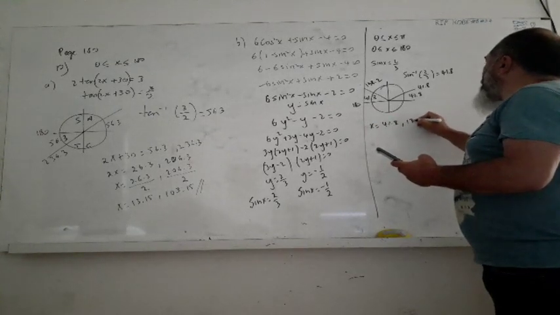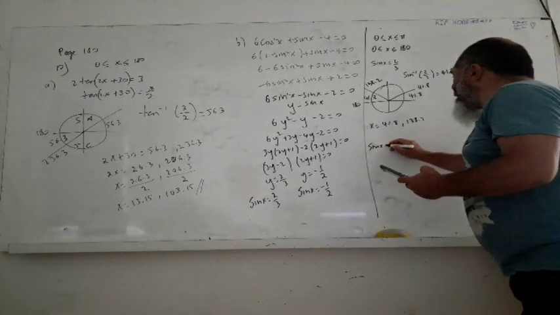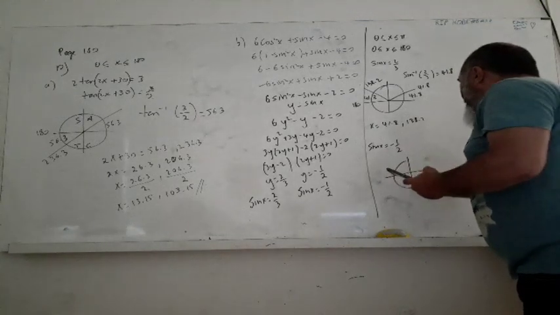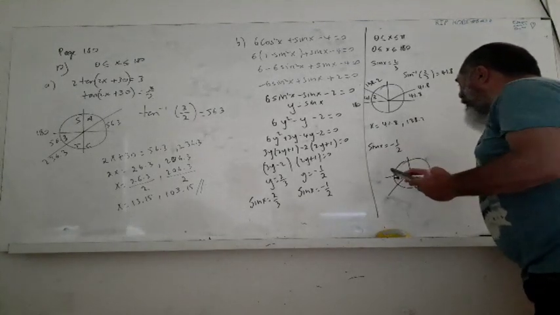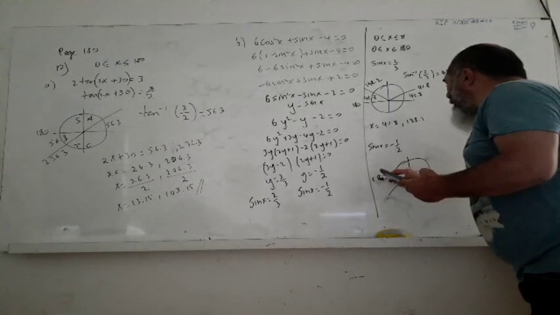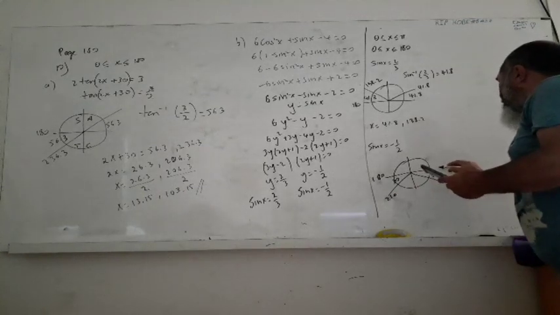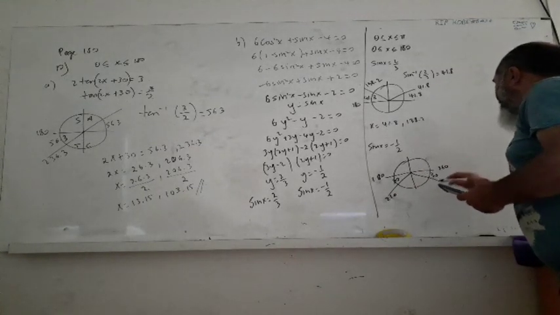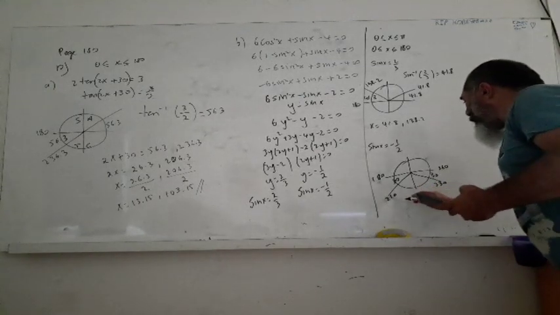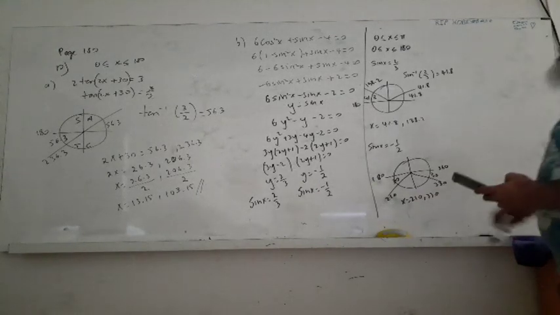And when sine x is minus 1 over 2, sine is negative in the third and in the fourth quadrants, and the basic angle is 30. This is 180, 210, this is 30, this is 360, so this angle is 330. So x values are 210 and 330, but we don't need these.